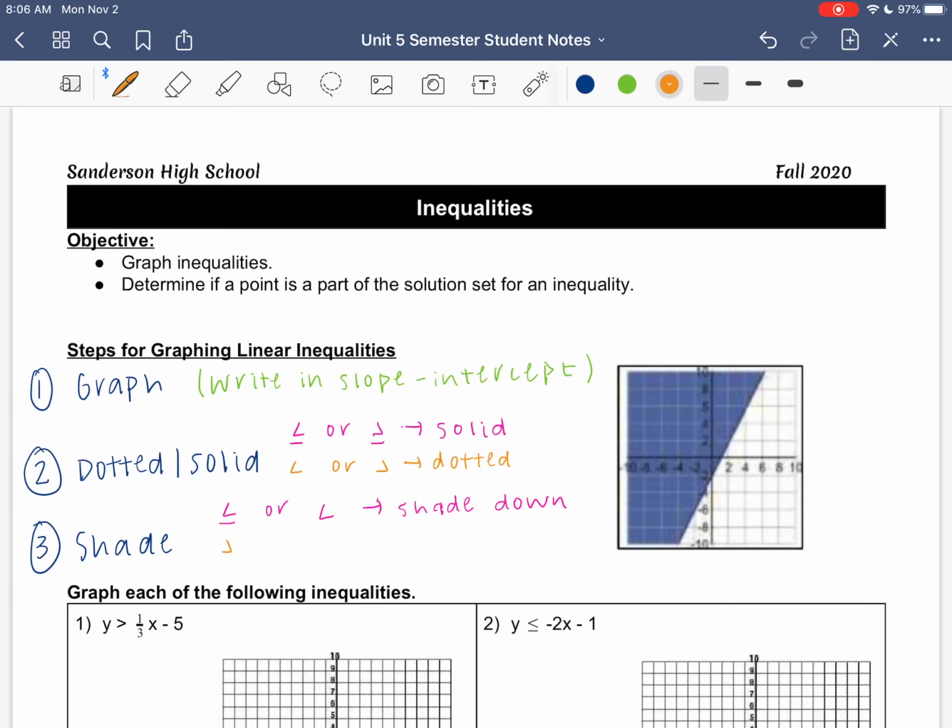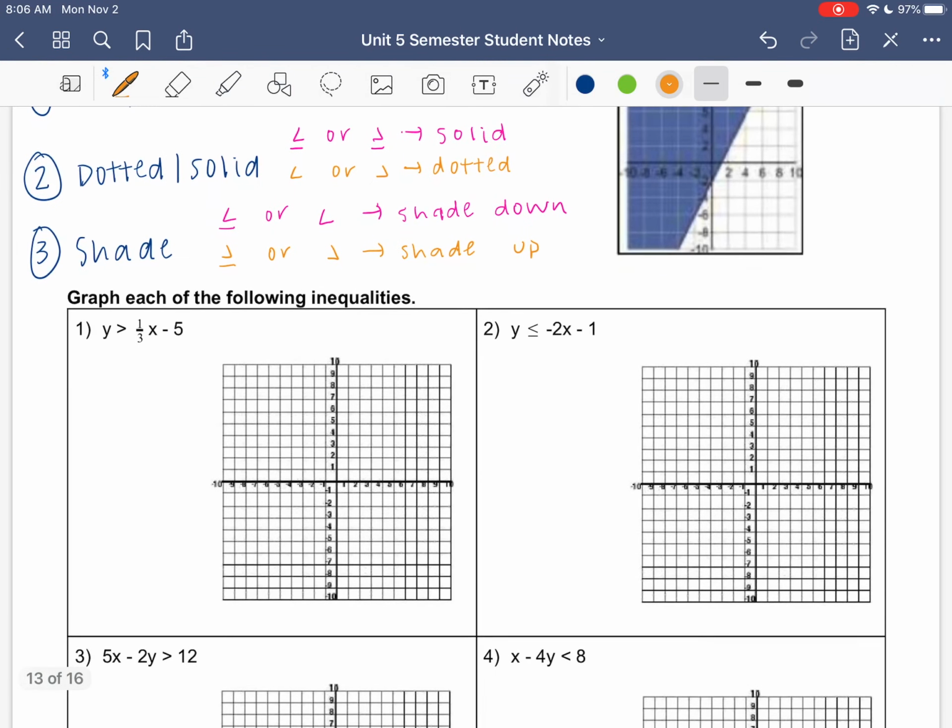If you have the greater than or equal to, or just the greater than, you'll shade up. And this only works when your line is in slope-intercept form with the y on the left, but for our purposes with graphing, it typically will be, so this shortcut will work for us. So let's jump right in with a couple examples.